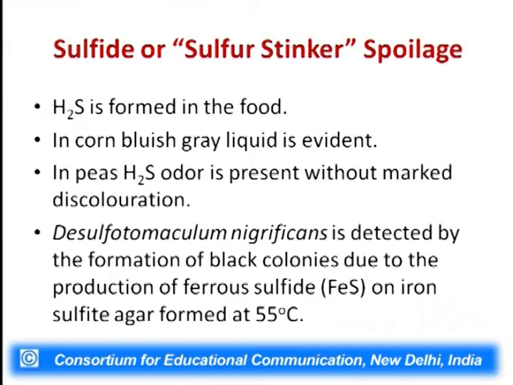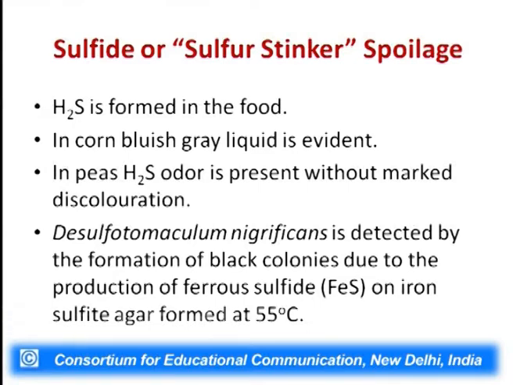Hydrogen sulfide is formed in the food contaminated with Desulfotomaculum. In corn, bluish grey liquid is evident in this kind of spoilage. In peas, hydrogen sulfide odor is present without the marked discoloration.